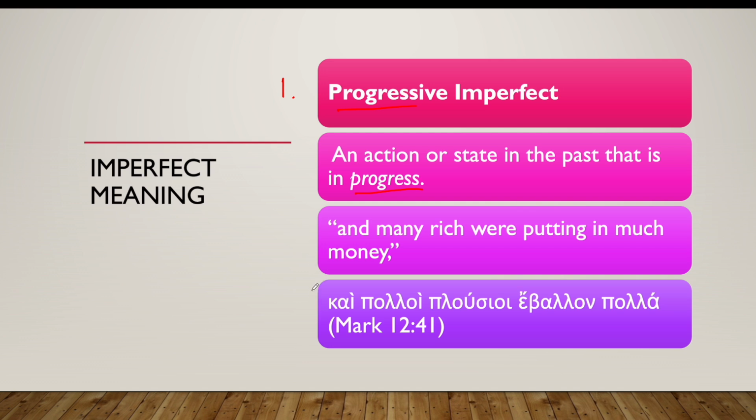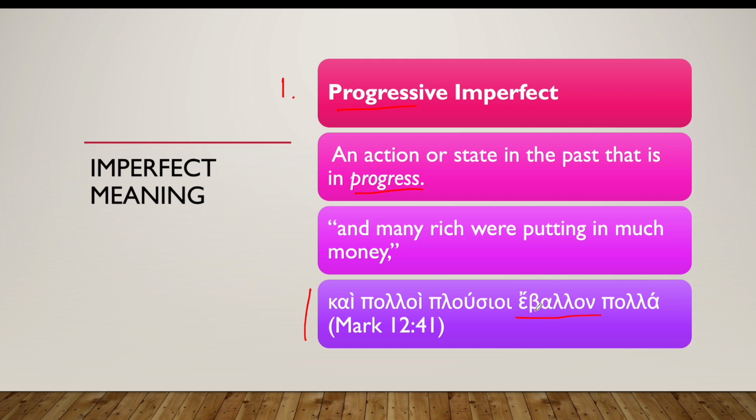Here's an example from Mark chapter 12, verse 41. Kai polloi plousioi eballon polla. Now the verb here is eballon, from ballo, which means to cast or to put into something.